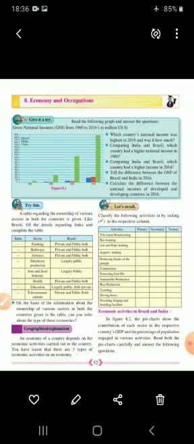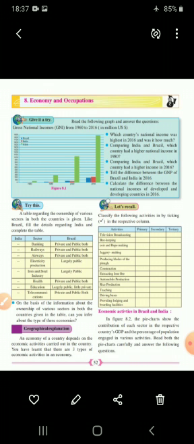So on the whole, if we observe this graph, you can find that the gross national income of Brazil and India is somehow similar, or it is developing year by year, because with the development of the economy or with the generation of employment, we can develop any economy. Understood? So basically it deals with the occupations of the people.